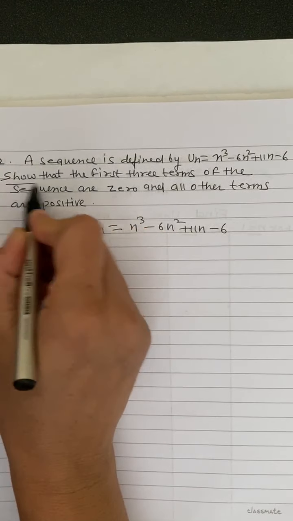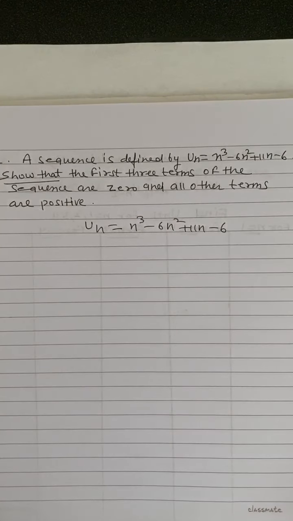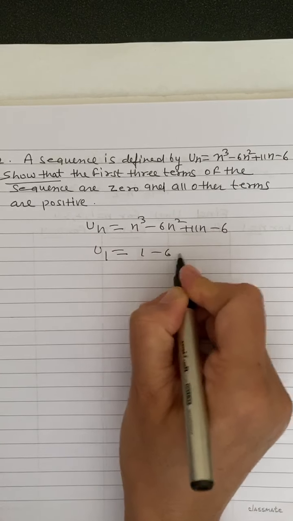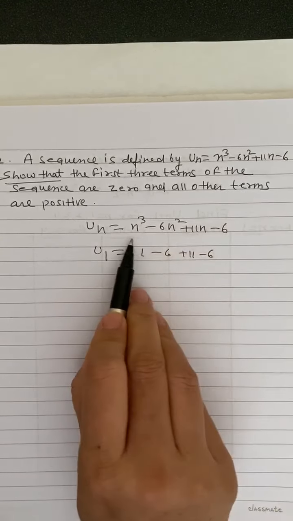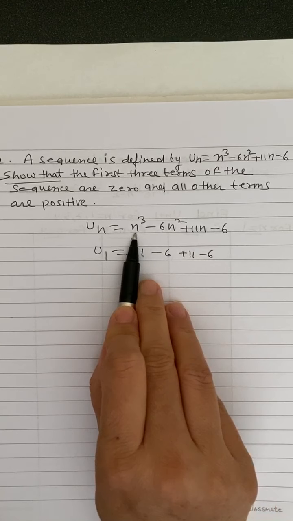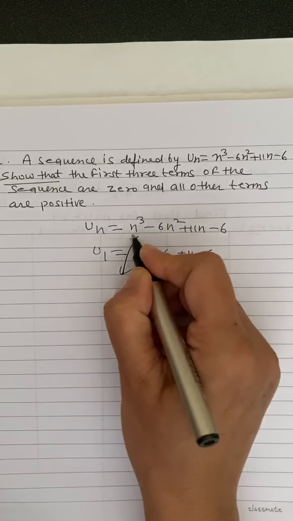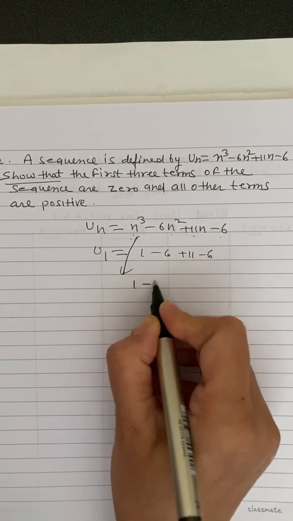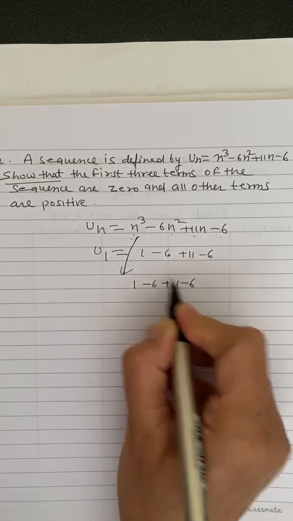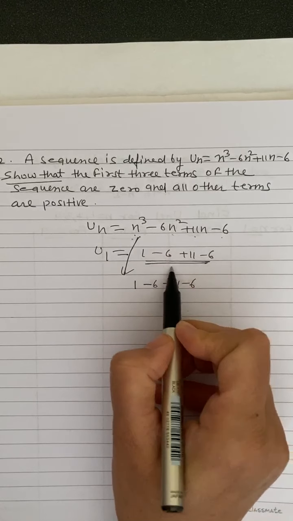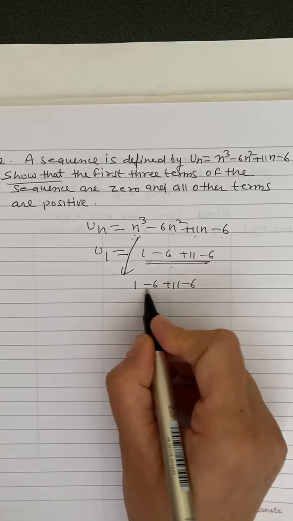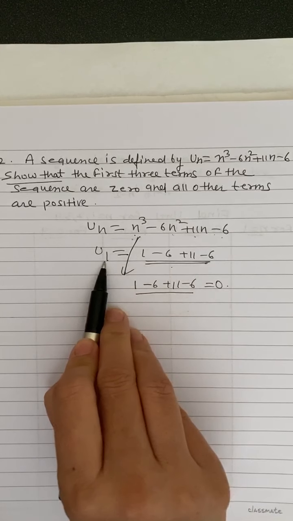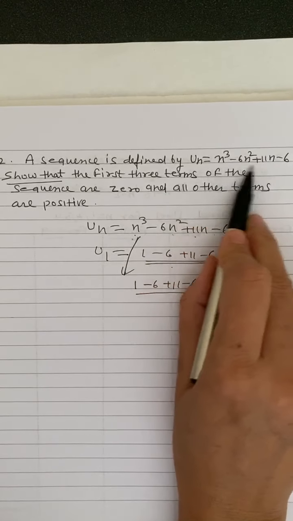To show that, I can use the calculator, or you can substitute u1, which is 1 minus 6 plus 11 minus 6. Another thing you can notice here is that the coefficients with the constant term, which are 1, negative 6, 11, negative 6, which is what we got after substituting n equal to 1, when you add them, give you 0, which also means that 1 is a factor of this cubic function.